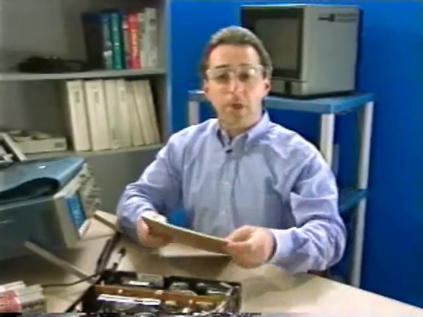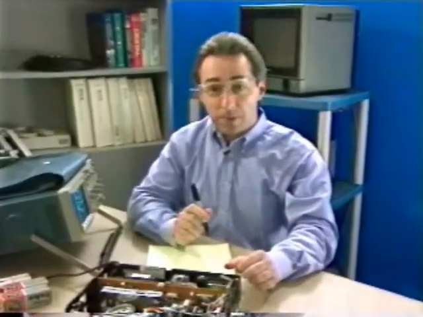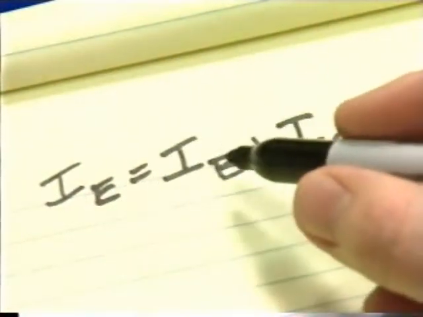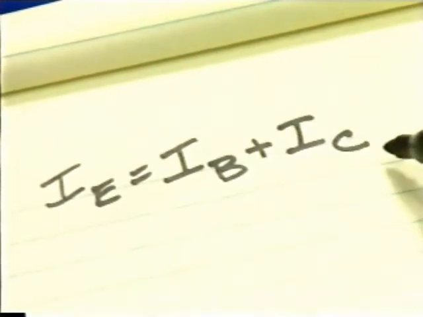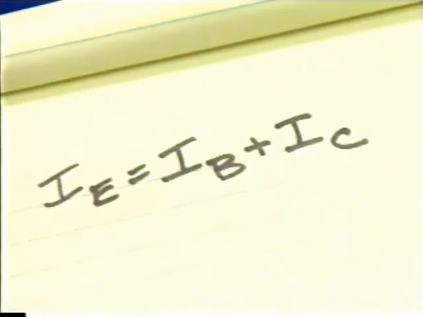The relationship among the various currents that flow through the transistor is an important one and can be represented mathematically with this formula. The emitter current, I sub E, equals the base current, I sub B, plus the collector current, I sub C. As long as any two variables are known, the third can be easily determined.